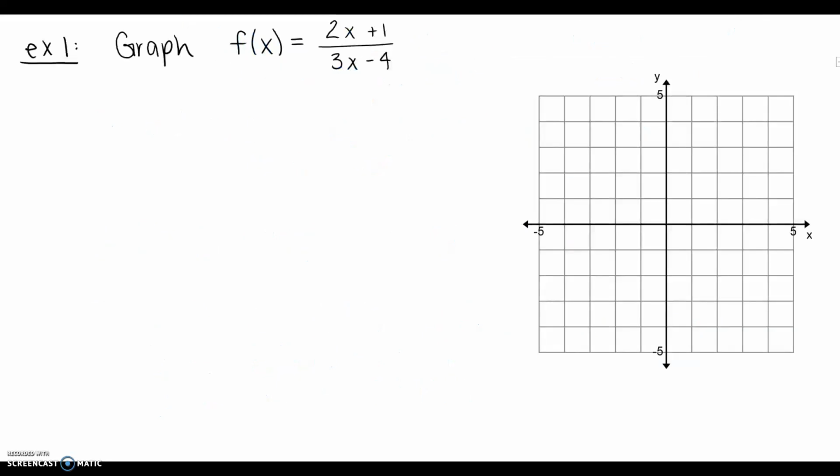So first example, we're going to graph f of x equals 2x plus 1 over 3x minus 4. So remember, the first step is vertical asymptotes.